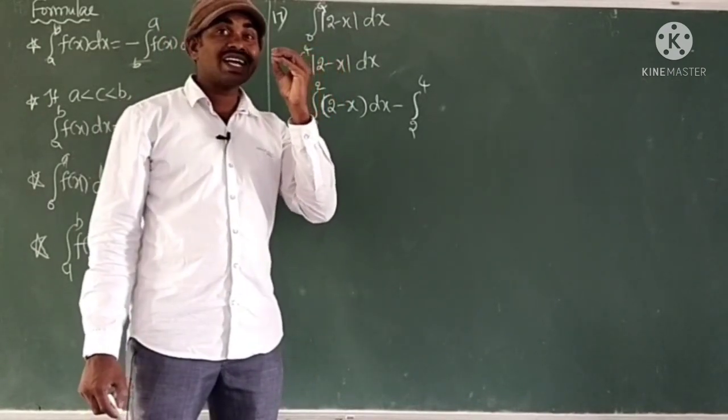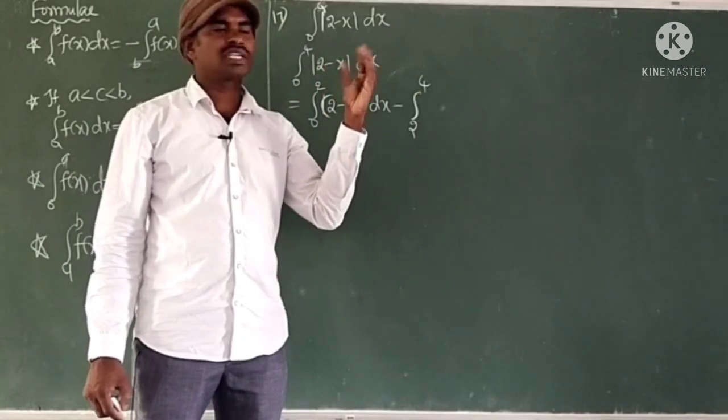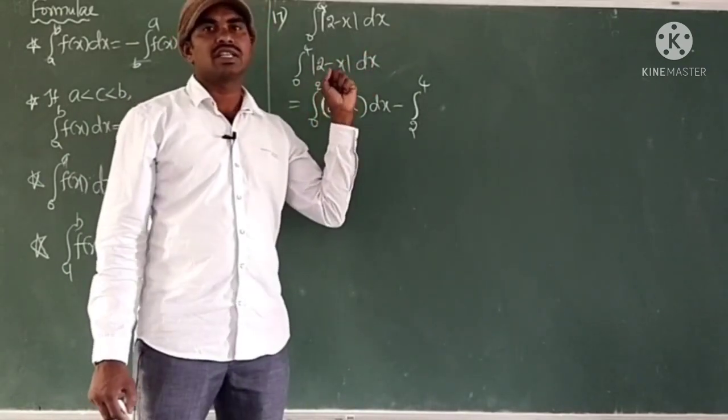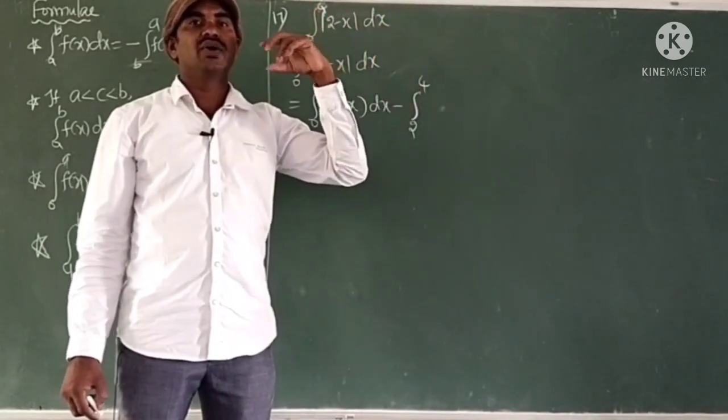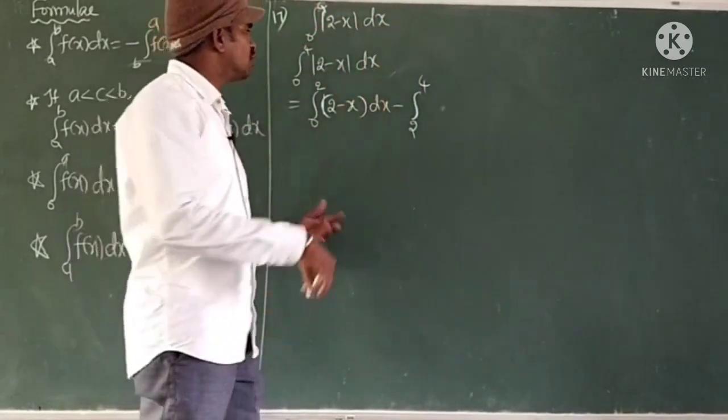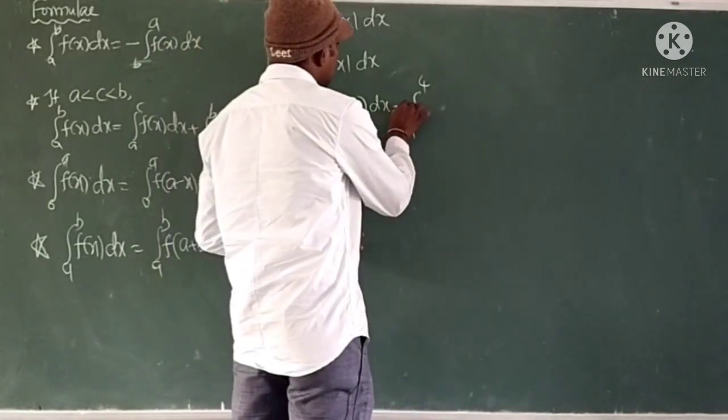We should not get a negative term because the term is a modulus. The modulus of a function is always positive. So to get positive we should multiply with minus.